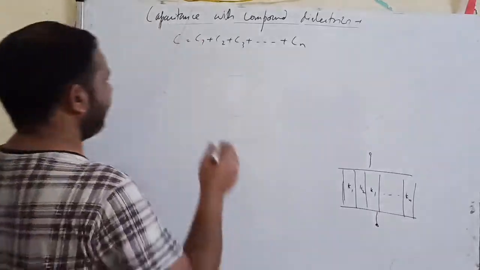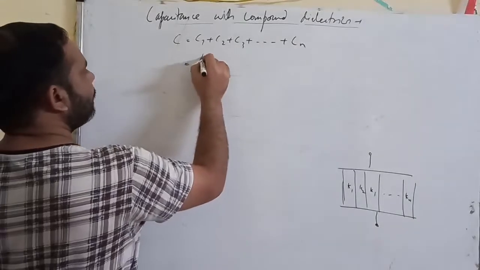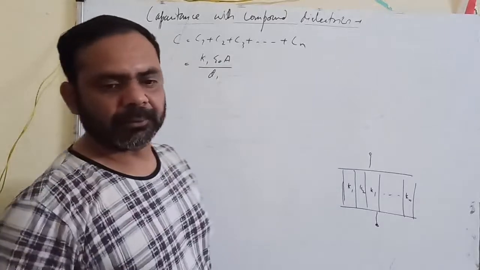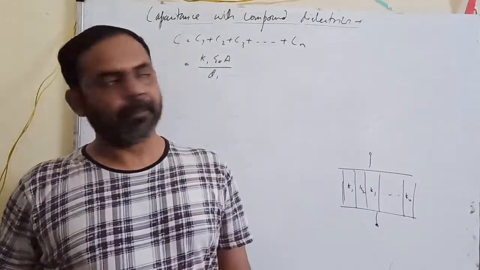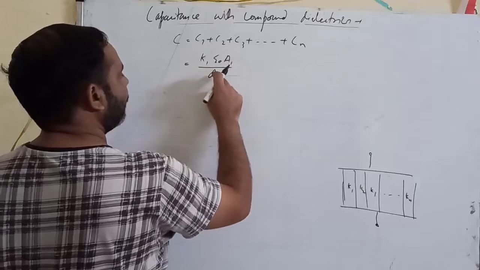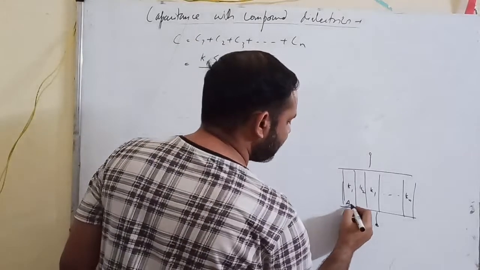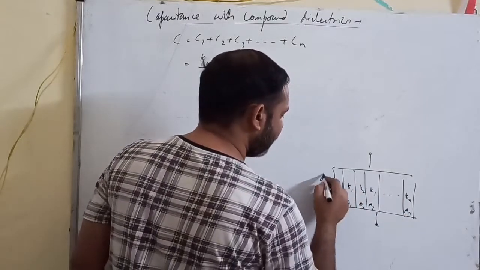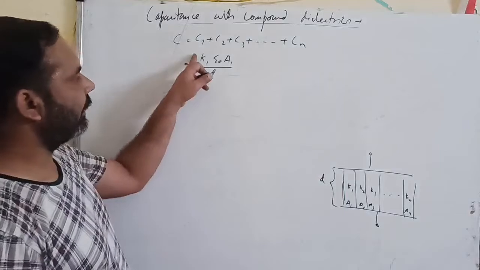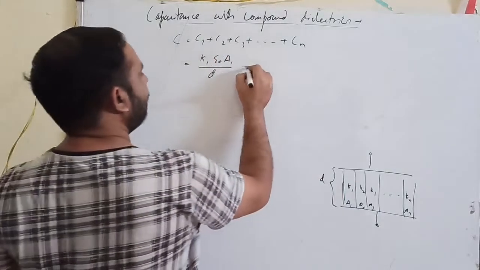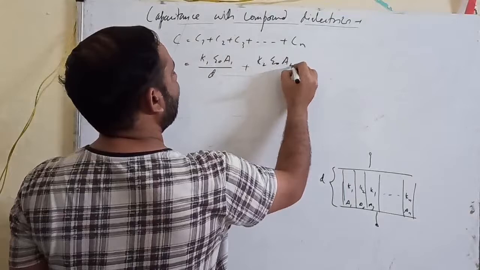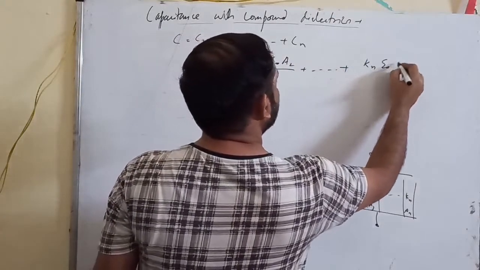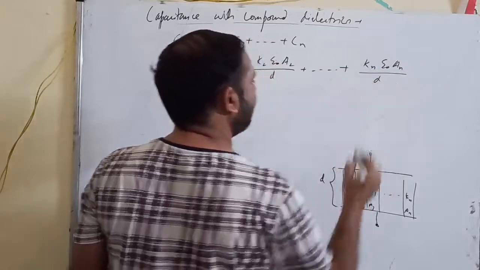Now we have C1 equals K1 epsilon naught A1 upon D. They have different areas A1, A2, A3, An, but this length will be equal to D. So you will write K1 epsilon naught A1 upon D plus K2 epsilon naught A2 upon D and Kn epsilon naught An upon D.